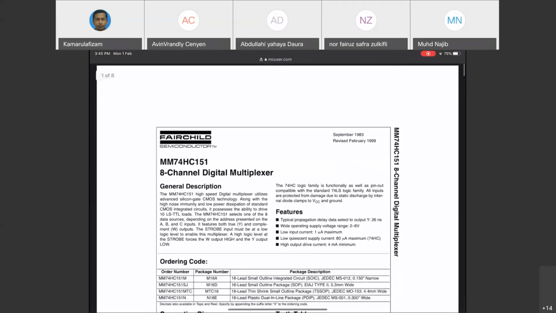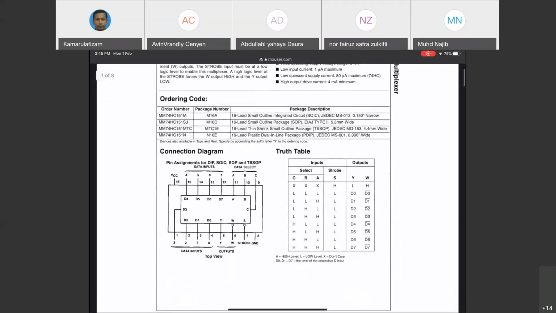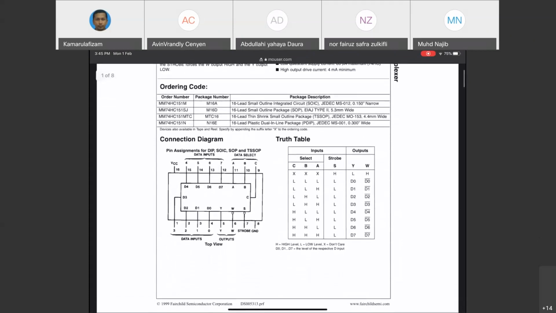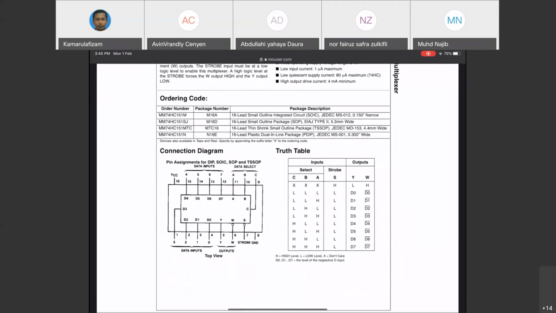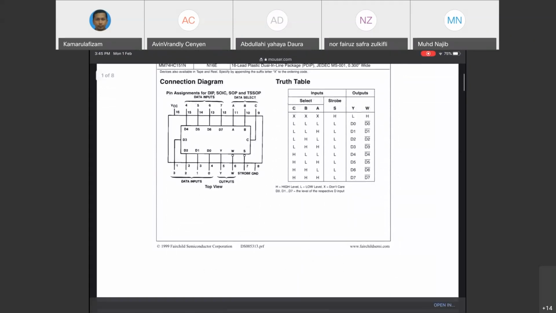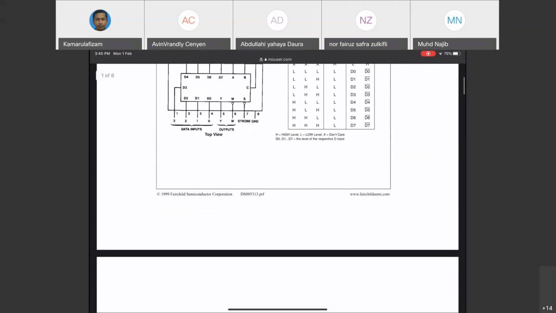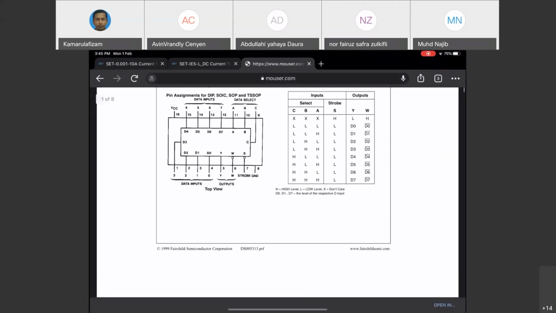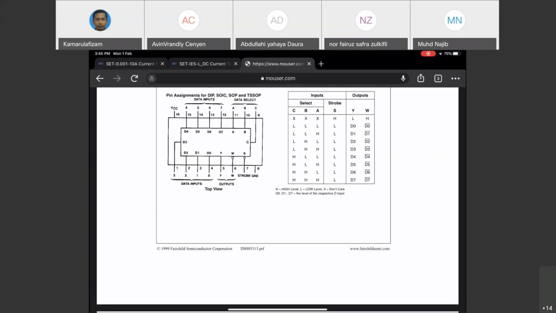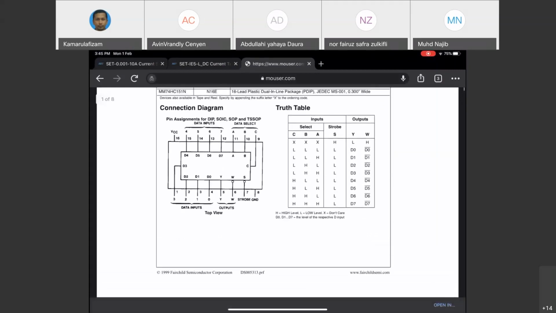This is a digital multiplexer, so you are looking at data input. Because you are looking at a digital one, you should expect the input information to be in the form of digital 0s and 1s.